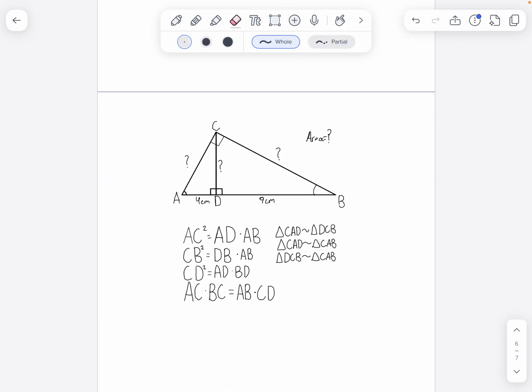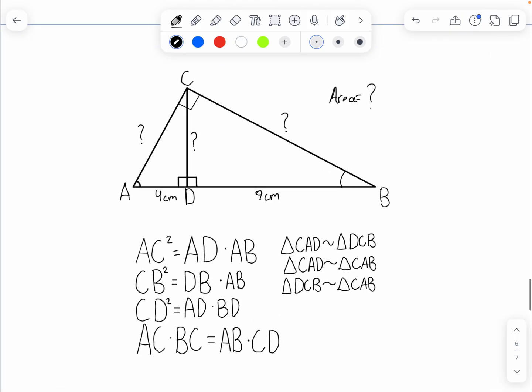Okay. So, pause the video and take like 5 or 6 minutes to solve this question. Okay, hopefully you paused the video and you've solved the question. We can finally start.